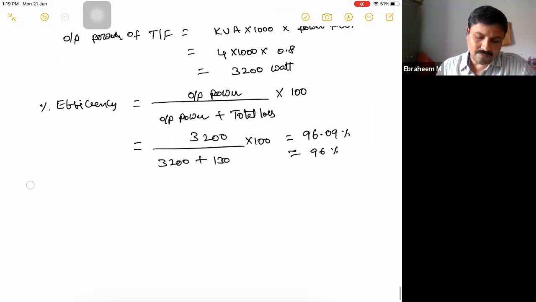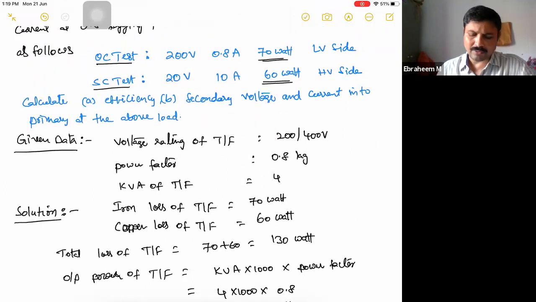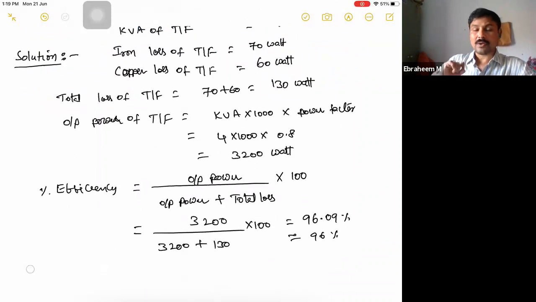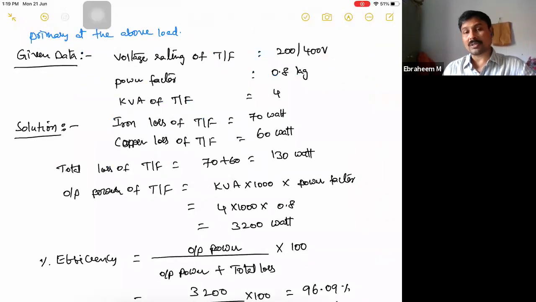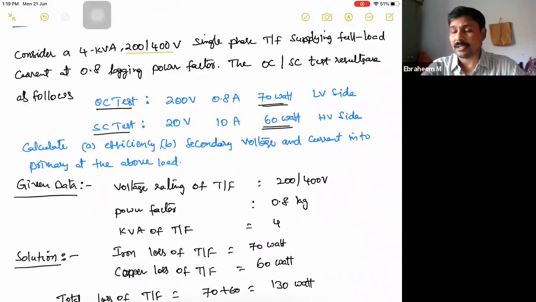Now, what are the other quantities asked to find out? Secondary voltage and current in the primary at the above load. So when the transformer is delivering an output of 3200 watt with a power factor of 0.8, you have to find out the secondary voltage and the current that is entering into the primary.